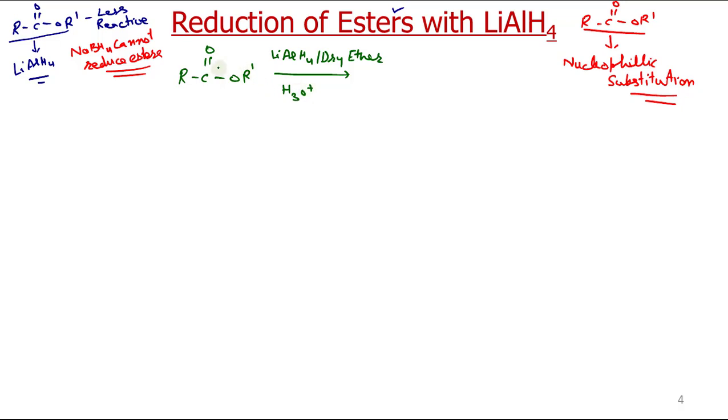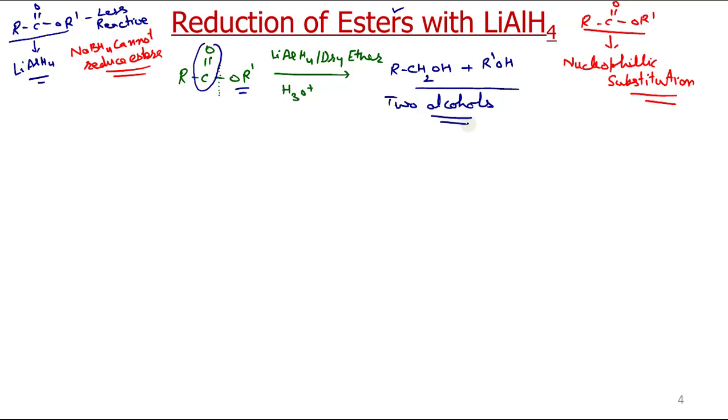Actually we get two alcohols, this bond gets broken. First product is RCH2OH obtained from this group, second is obtained from this plus R dash OH. We get two alcohols. So the reduction of esters with lithium aluminium hydride produces two alcohols.